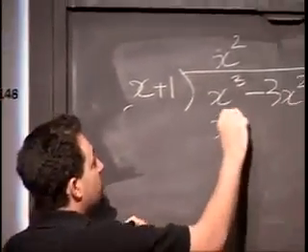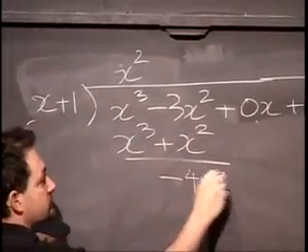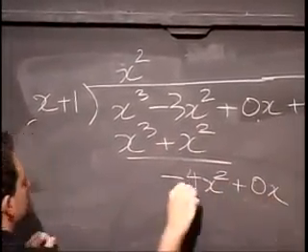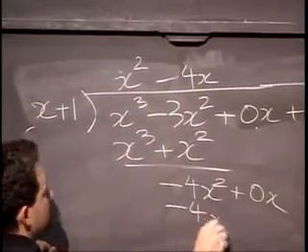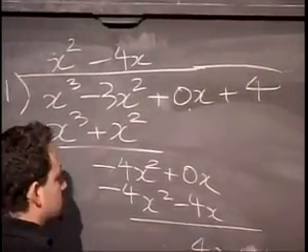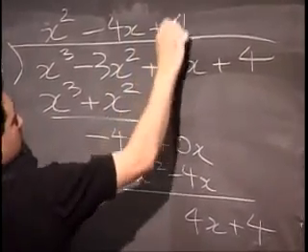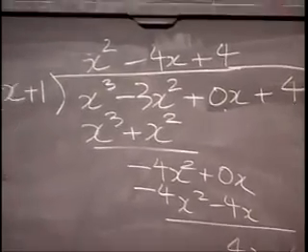So anyway, just whipping through this long division. Let you check out those details. And I get x squared minus 4x plus 4.